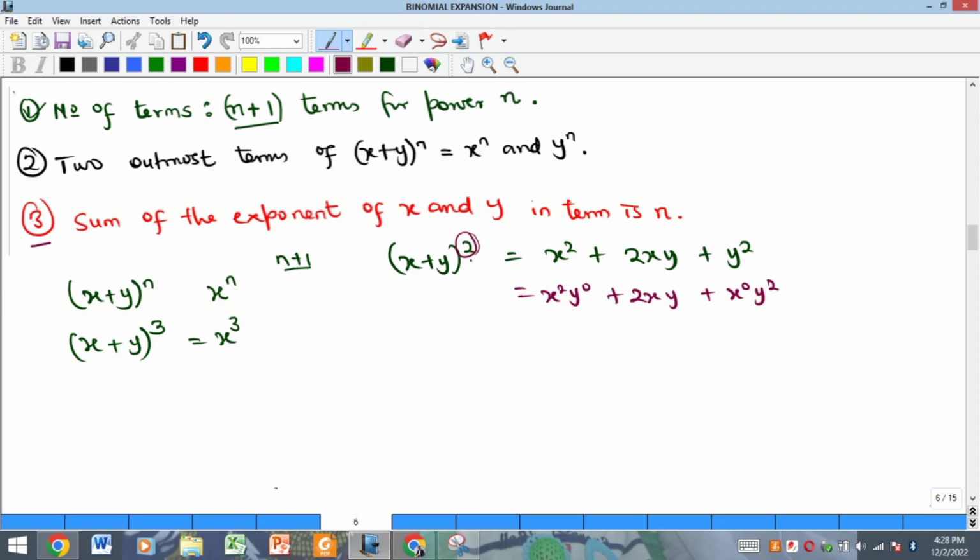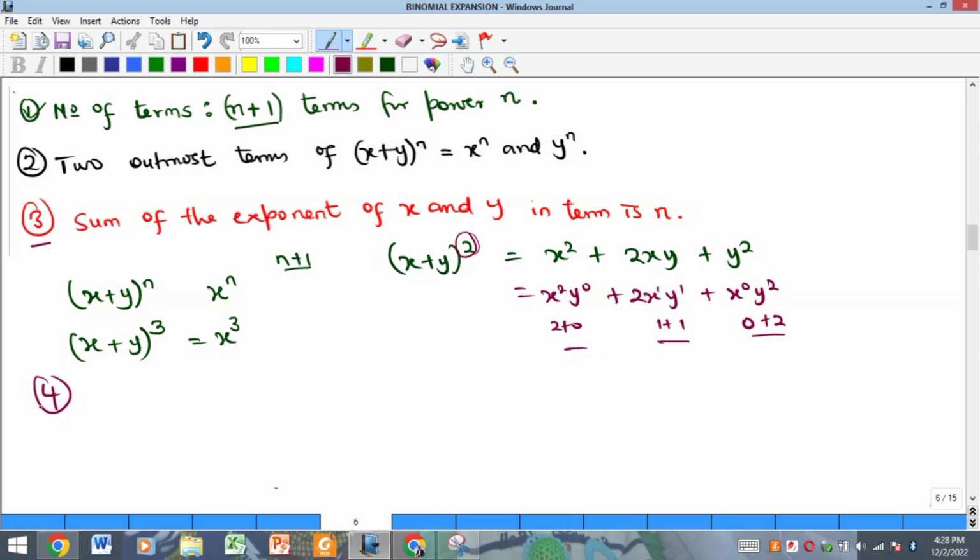So since we have 2 here, the sum of the powers here is 2 plus 0, which is 2. Here the powers are 1 and 1, 1 plus 1, which is 2. Here 0 plus 2, which is also equal to 2, right? So that's what to expect, and that's what the third point is saying.